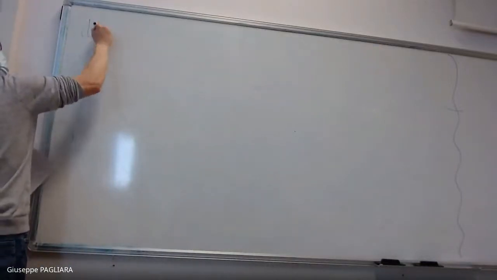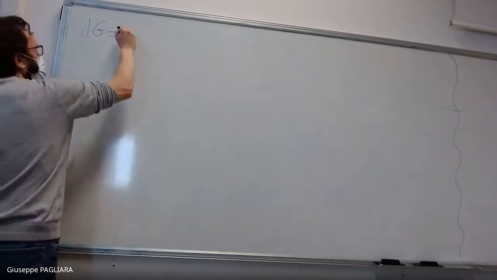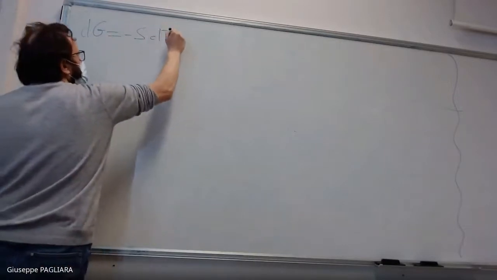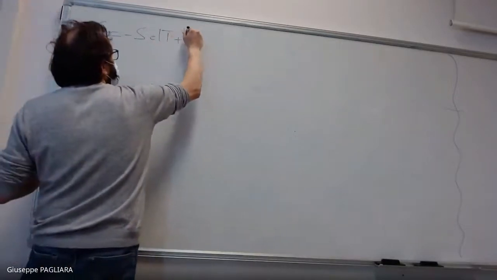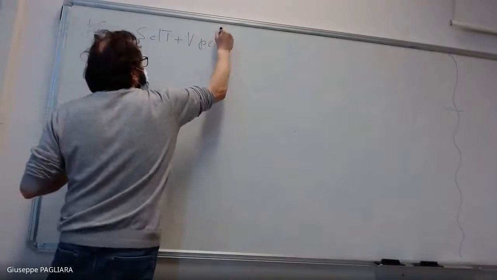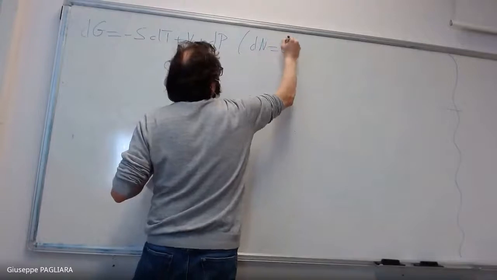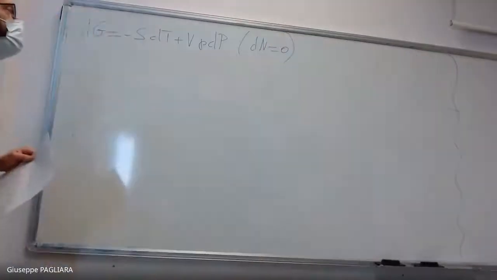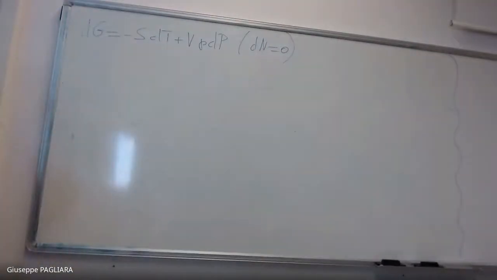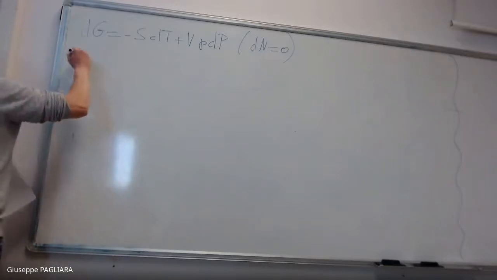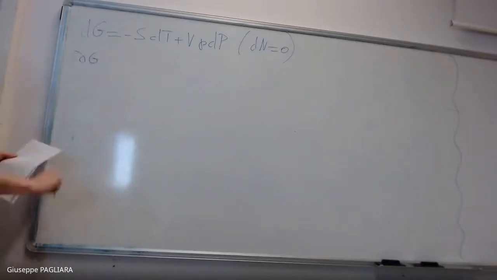Now, let us remember that dG was equal to minus S dT plus V dP, where I am imposing dN equal to 0, conservation of the number of particles in the single phase.